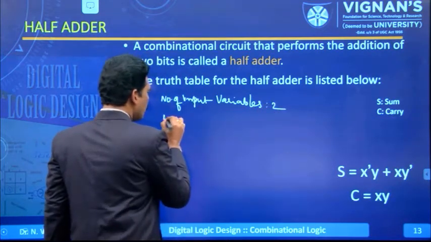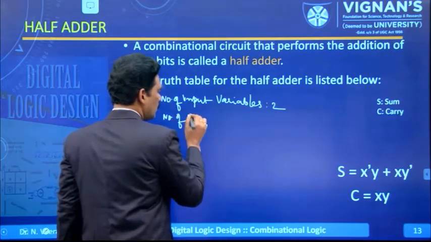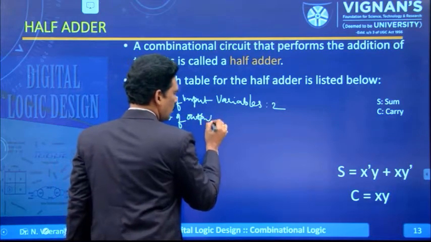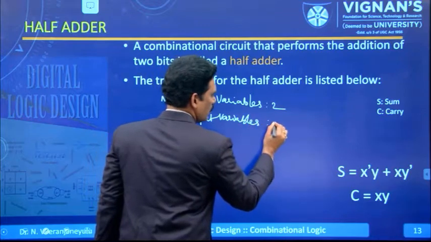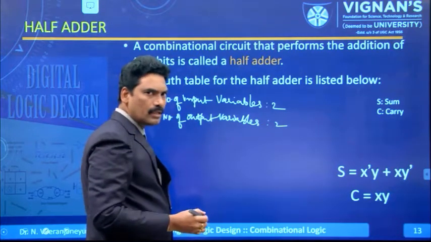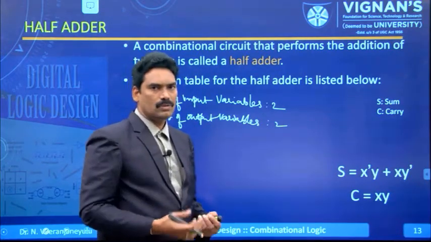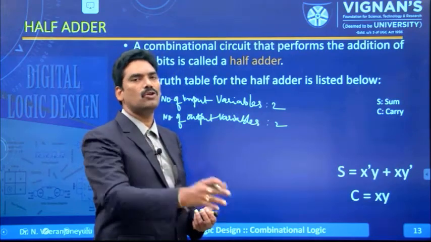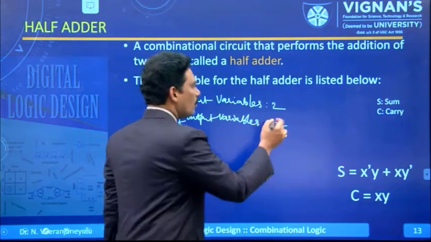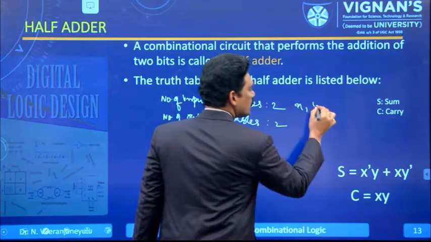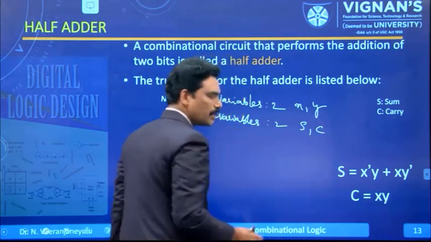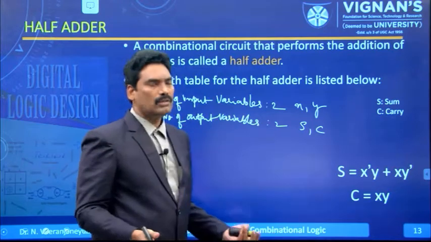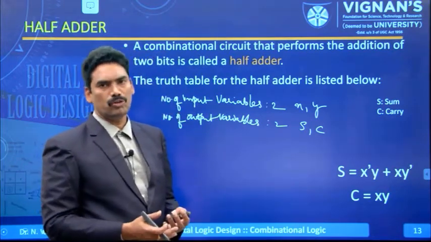Number of output variables: 2. What is the third step? We have to give names for those variables. The input variables are x and y, and the output variables are sum and carry. So we have 2 input variables and 2 output variables.